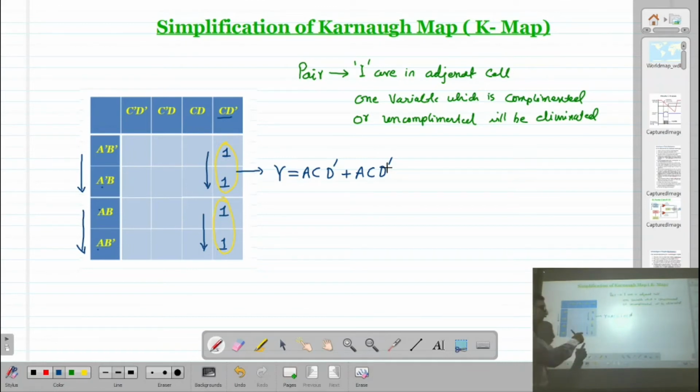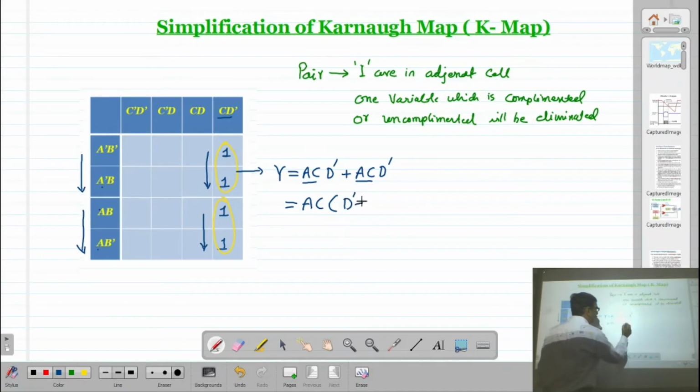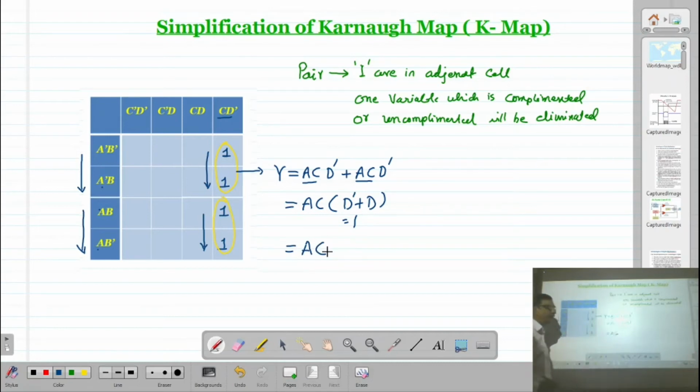Correct? Now here if you look at this expression, then you will find AC common, and we have D prime plus D, and this is equal to 1. So my answer is AC. So what this indicates? That the two variables B and D are going to be eliminated.